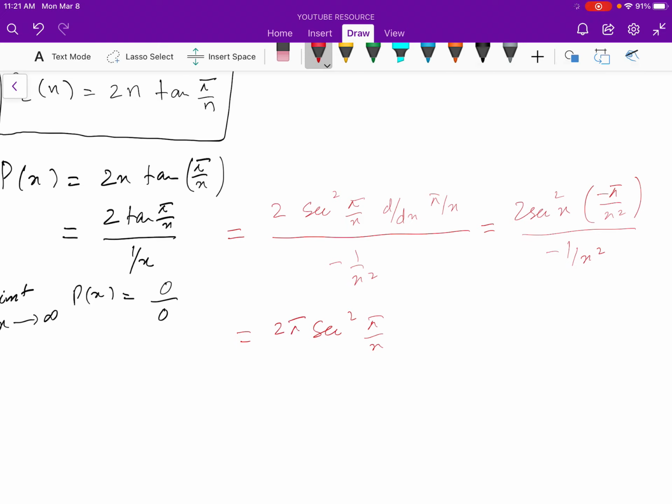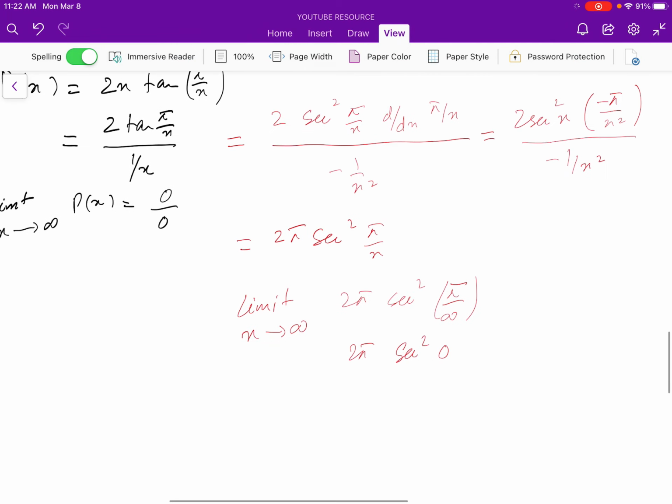Now we can apply the limit as x tends to infinity of 2 pi sec squared(pi over infinity), which makes it 0. So it's 2 pi sec squared of 0. Sec of 0 is 1 over cos 0, and cos 0 is 1, so sec squared is also 1.